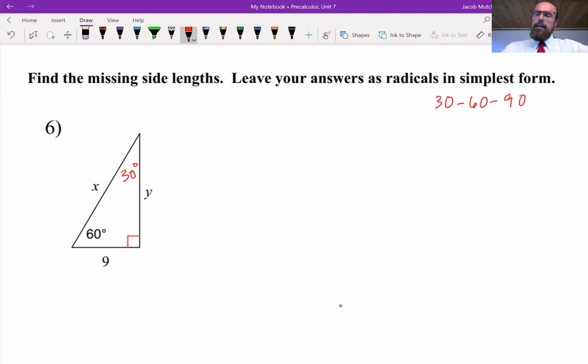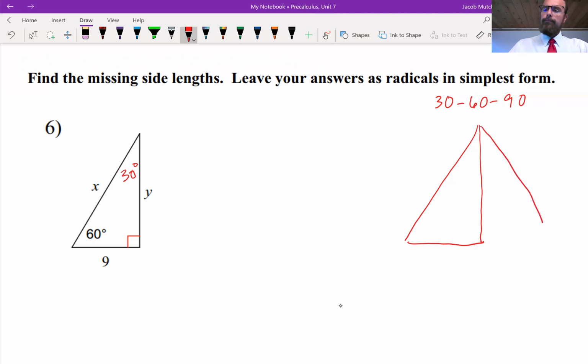And again, it's given to us as a shortcut to find the side lengths quickly if I only know one of them. Now, where we start with a 30, 60, 90 right triangle is really the equilateral triangle. So recall with an equilateral triangle, all the angle measures were 60 degrees.